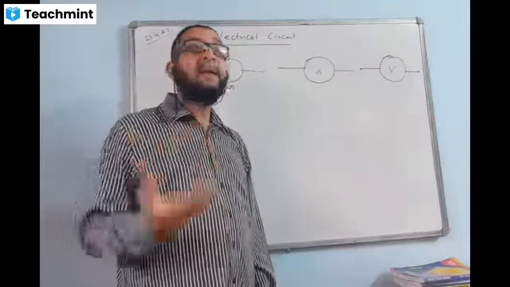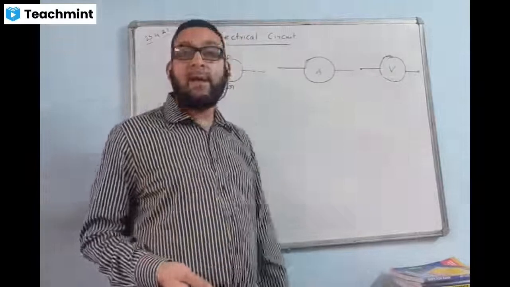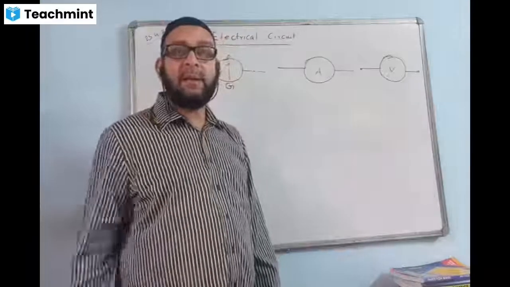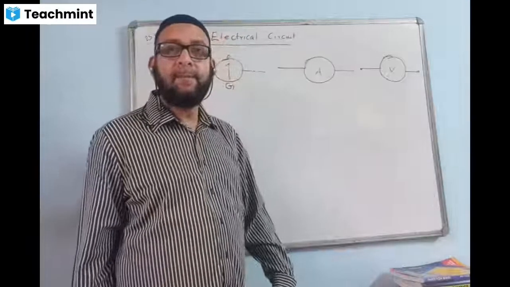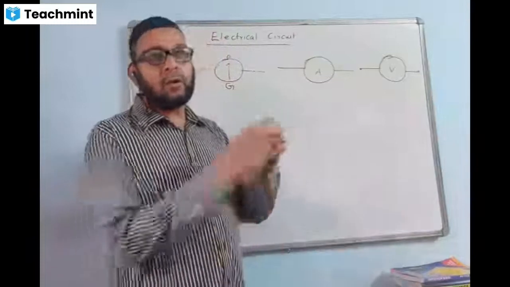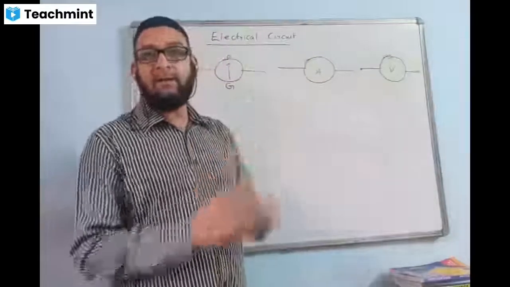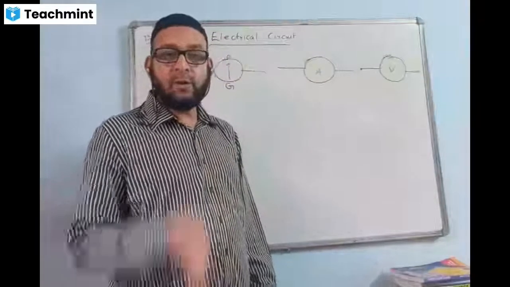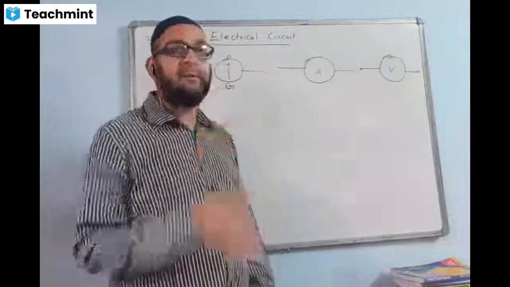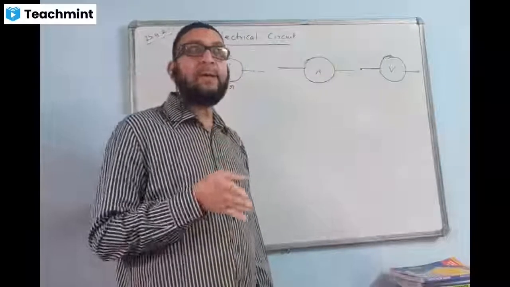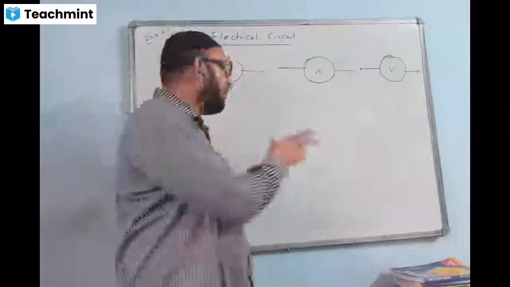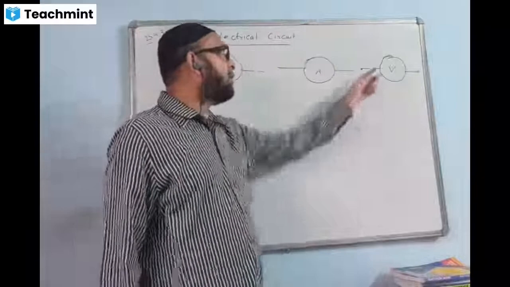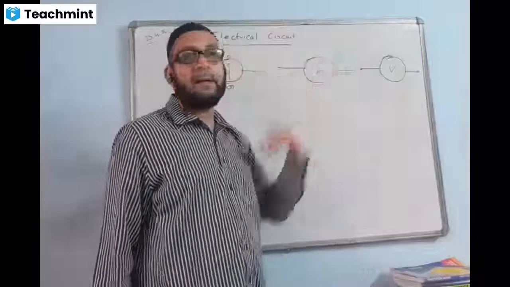It is said that an ideal voltmeter should have infinitely high resistance. That means it should not consume any current itself. It should stop all the current flowing through itself, because actually it has to measure the potential difference across the resistance R. So it should not allow the current to be divided in the circuit.